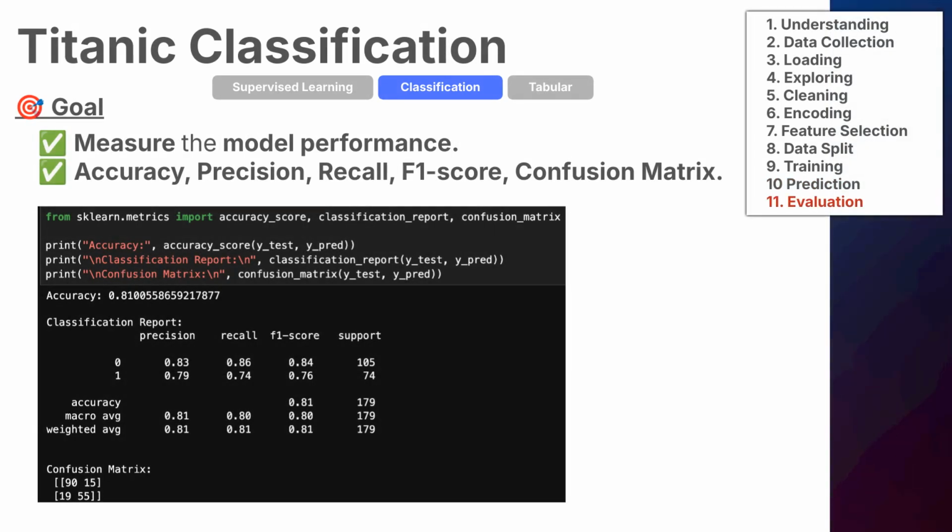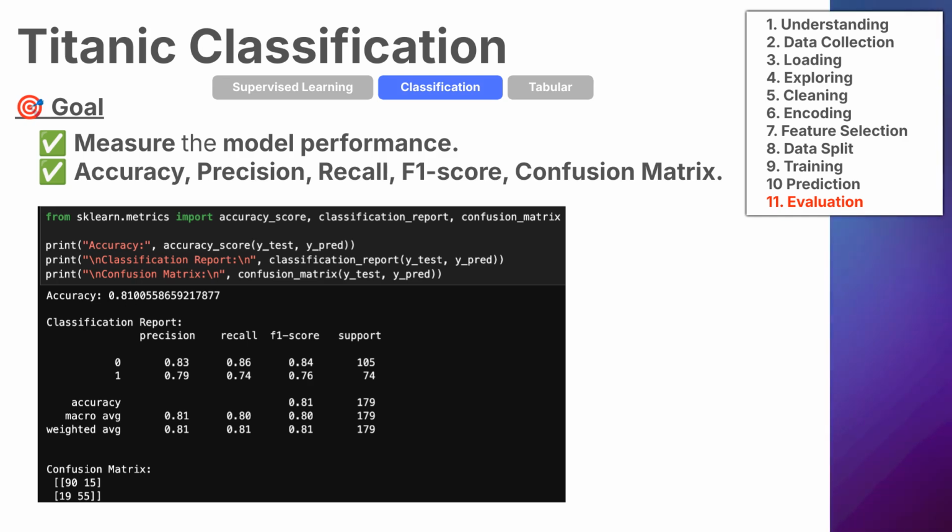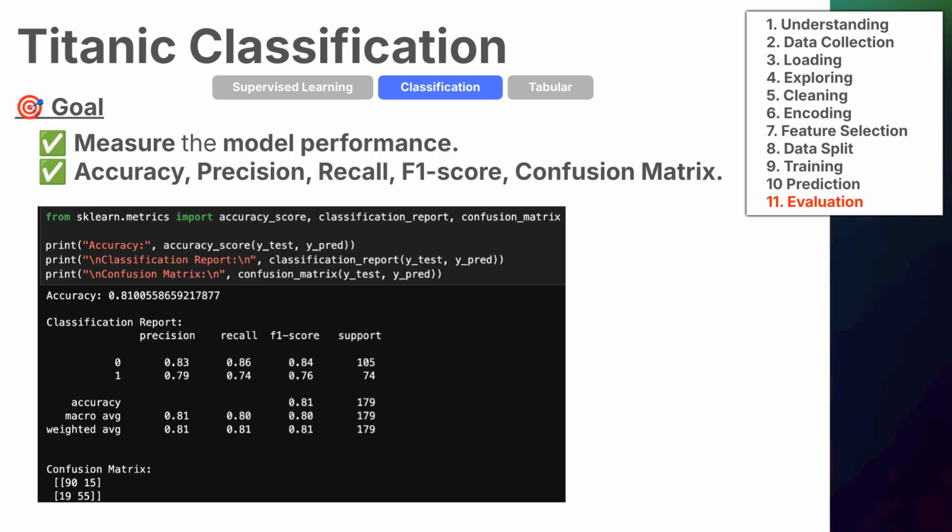11. Evaluation. The goal is to use evaluation metrics to measure how accurate and reliable your model's predictions are on the test set. Now we are seeing 3 evaluation metrics: accuracy score, classification report, and confusion matrix. Accuracy tells the overall percentage of correct predictions.